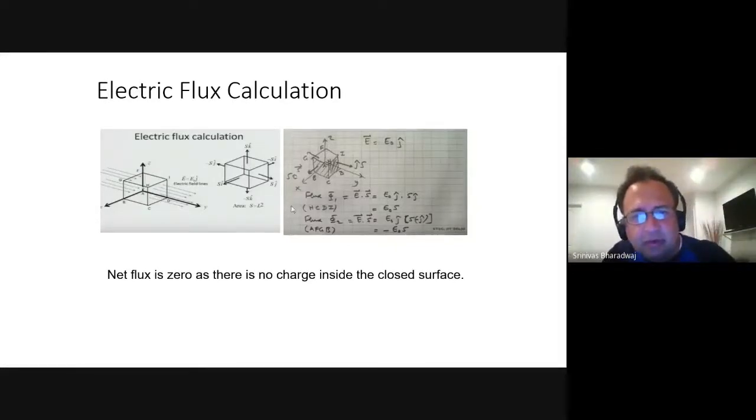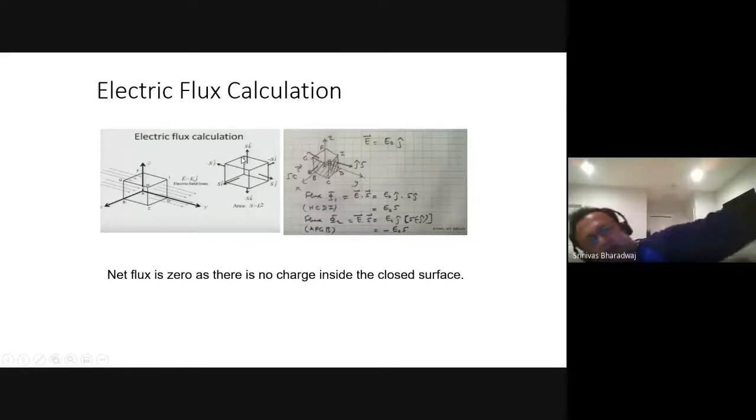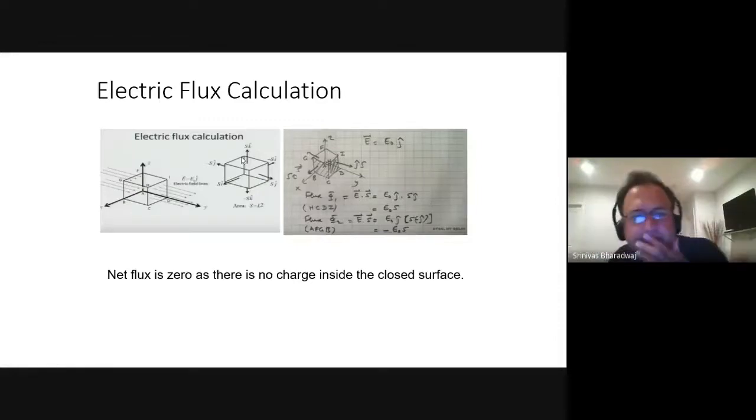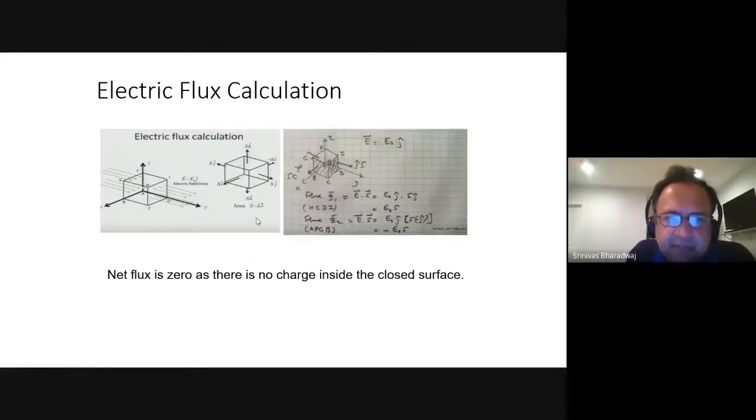Now this surface is facing the other way. If this is i and this is k, it is in the minus j direction. It is parallel to the Y axis.